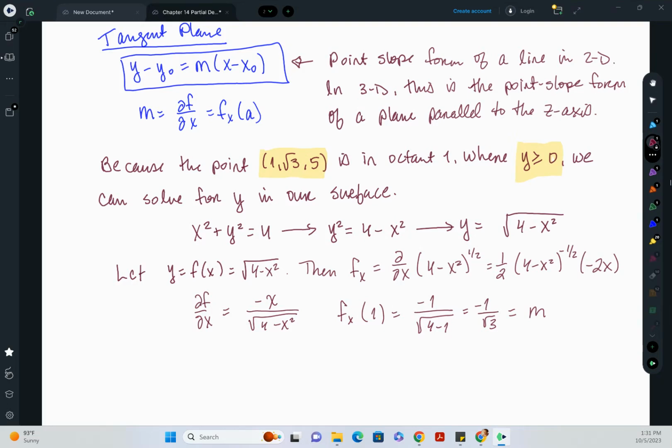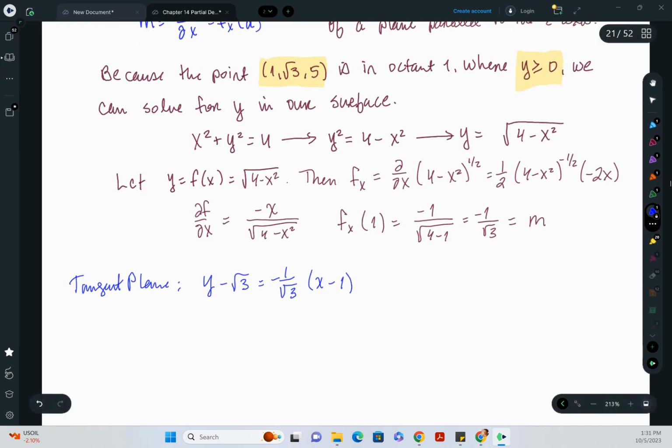All right, so this is our slope, our m. So we're going to plug this into the formula up above for a tangent plane, and we're going to get that our tangent plane is going to be y minus y naught, where y naught is the y value in our point, which is root 3, equals m, our slope, which is from our first partial evaluated at x naught. So we get negative 1 over the square root of 3 times x minus x naught, which is 1.